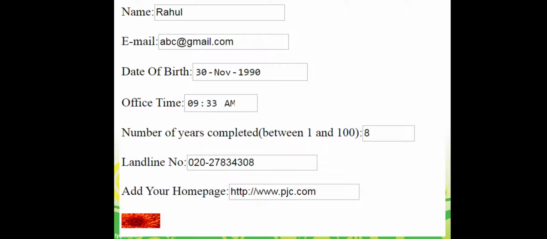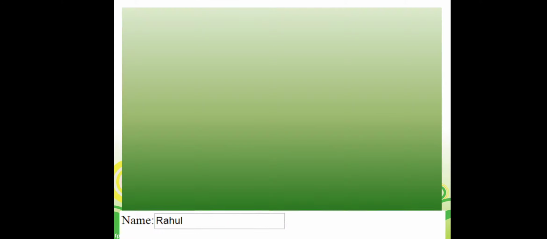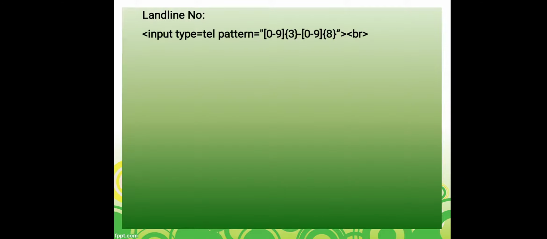So here you will see what the code was like. Since it is a telephone number, we are using input space type equal to tel, and the pattern attribute here will tell what pattern is accepted. Now observe, pattern equal to what is given. In the square bracket you give the number range. Obviously 0 to 9 can only be the range of any number to accept, right? And after that just observe, in the curly braces there are now 3 digits.